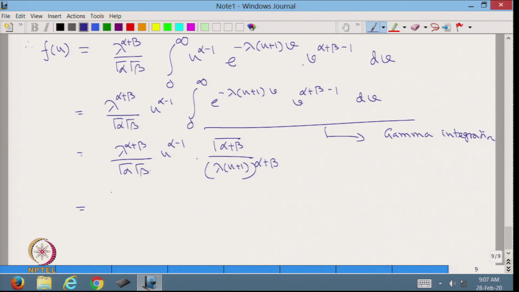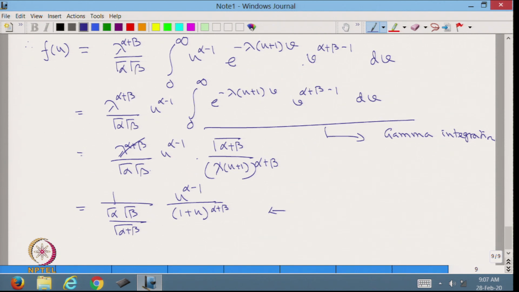This is equal to gamma alpha plus beta upon gamma alpha gamma beta, lambda power alpha plus beta cancels. Therefore, what is remaining is u to the power alpha minus 1 upon (1 plus u) whole to the power alpha plus beta.